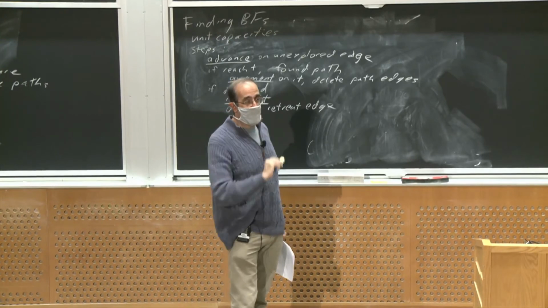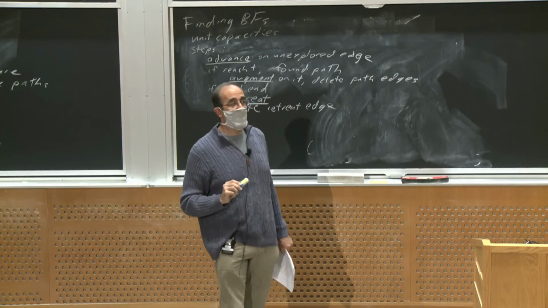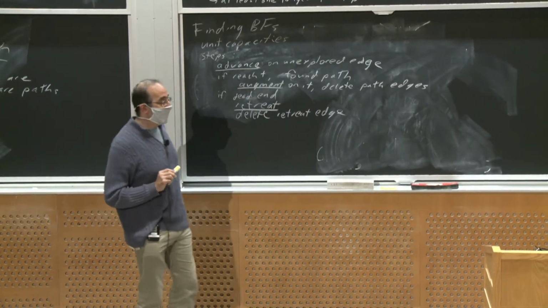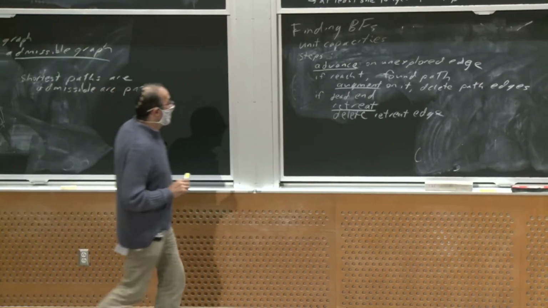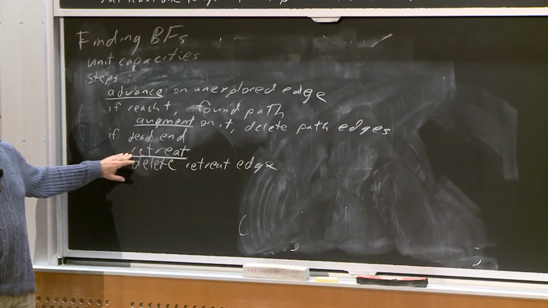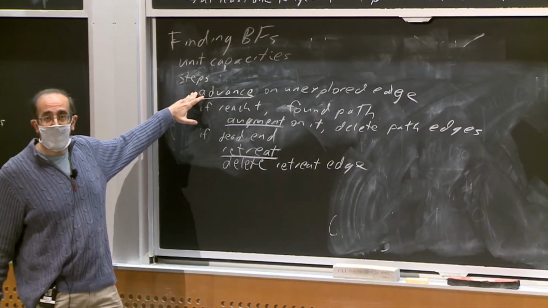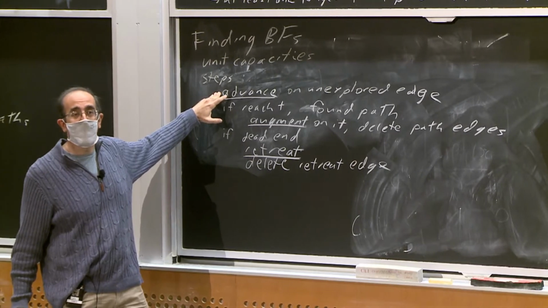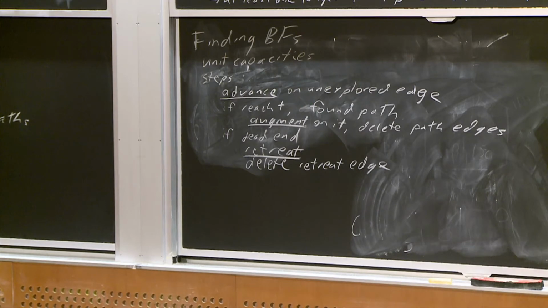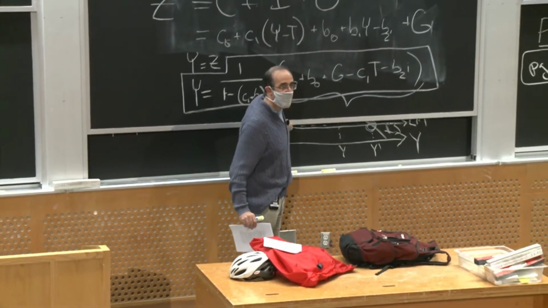Correct. We are starting with the unit capacity case, and then we will use the insights that we get from it in order to solve the general capacity case. And of course, after you retreat, you're on a new vertex, and you resume the attempt to advance from where you currently are. And if you can't advance from where you currently are, then again, you retreat. And you just keep on retreating until you can switch back to advancing.